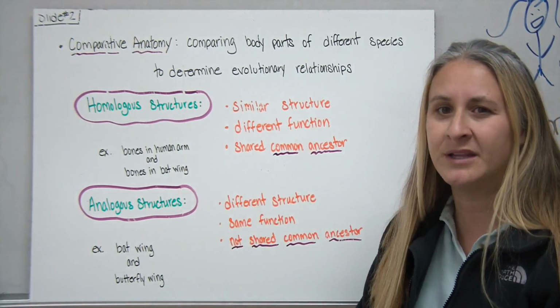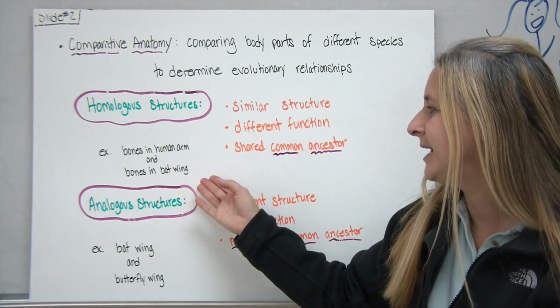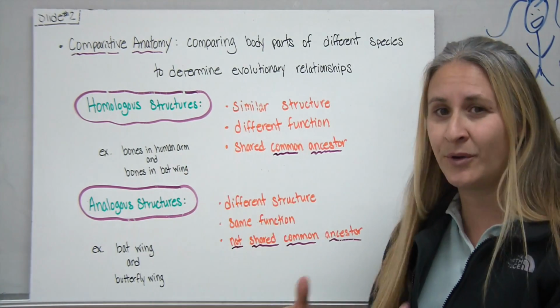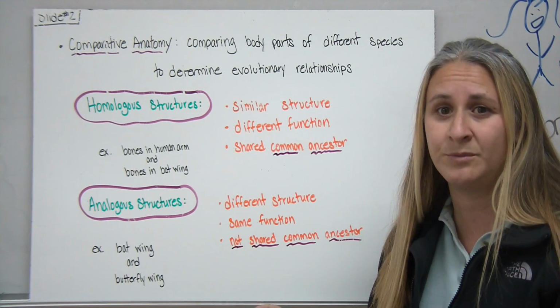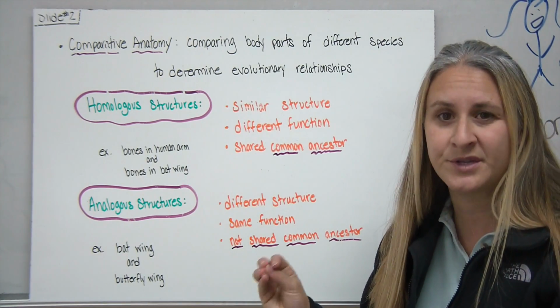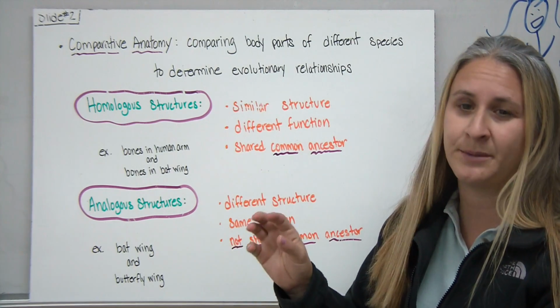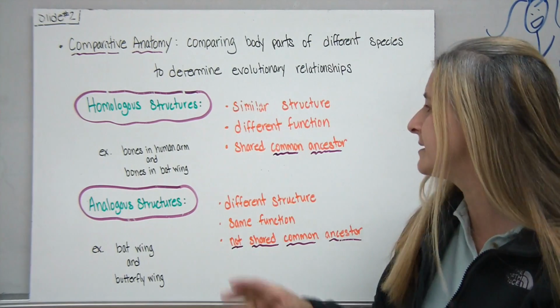So an example of homologous structures, we could look at the bones of a human arm and the bones in a bat wing. In this case, they both have similar bone structures, especially if you look at the actual bones. The numbers of the bones are generally the same. They may have a slightly different shape. Some might be longer or shorter, but for the most part, you can see a resemblance.